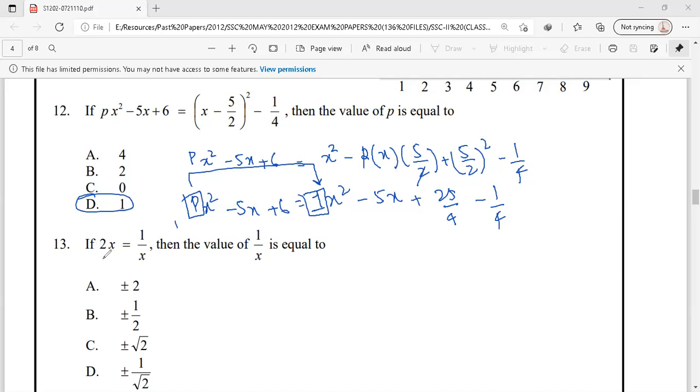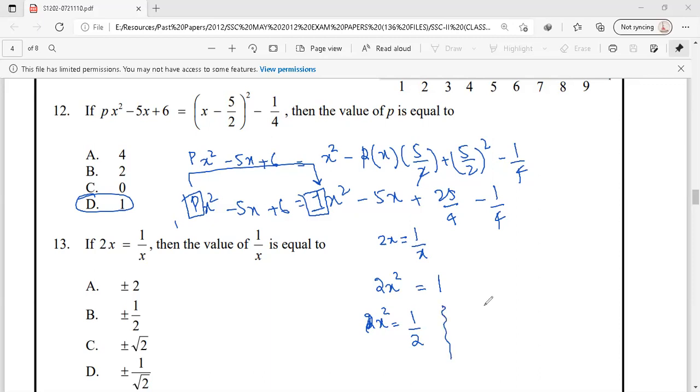Then we have question number 13. 2x = 1 over x. We have to find the value of 1 over x. So let's solve this equation. 2x² is equal to 1, so x² will be equal to 1 over 2.